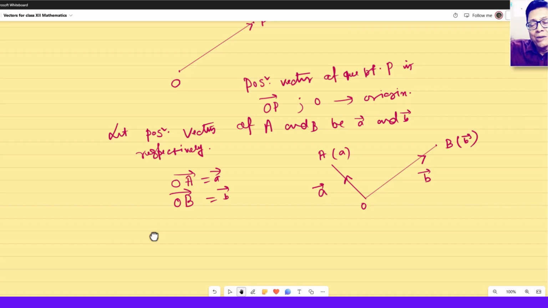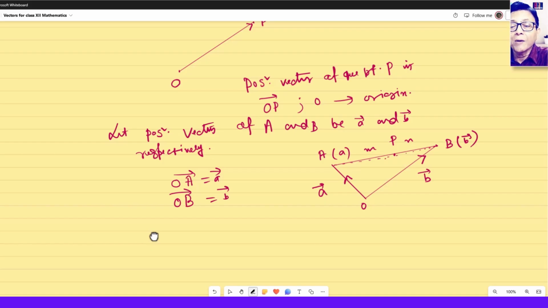Let us calculate the position vector of a point which lies on AB. You join A and B. I draw this line segment only. P is a point on the line segment which divides AB in the ratio m is to n.